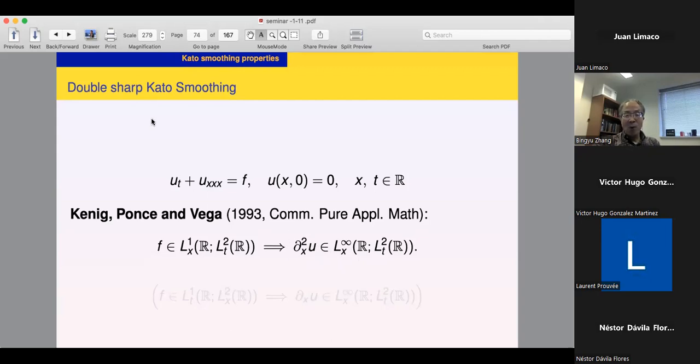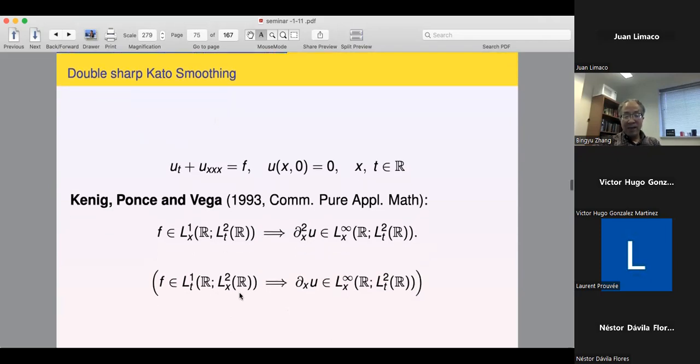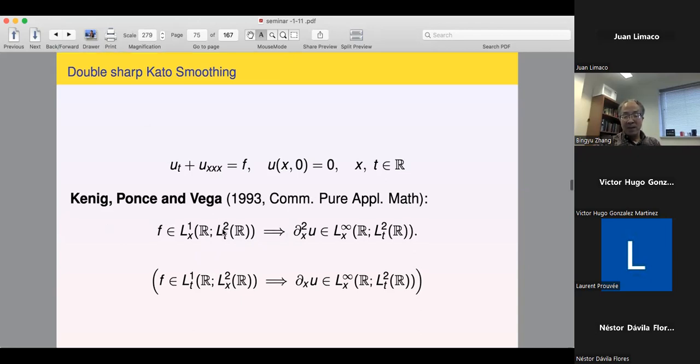So we call that double sharp Kato smoothing. As a comparison, this is sharp Kato smoothing, but here F is just L1 about time, L2 about space, and then the solution is only one order smoother. However, if you switch to L1 about the space variable x, L2 about time, then you get a double smoothing. So we call that double sharp Kato smoothing. This work is due to Kenig, Ponce and Vega.